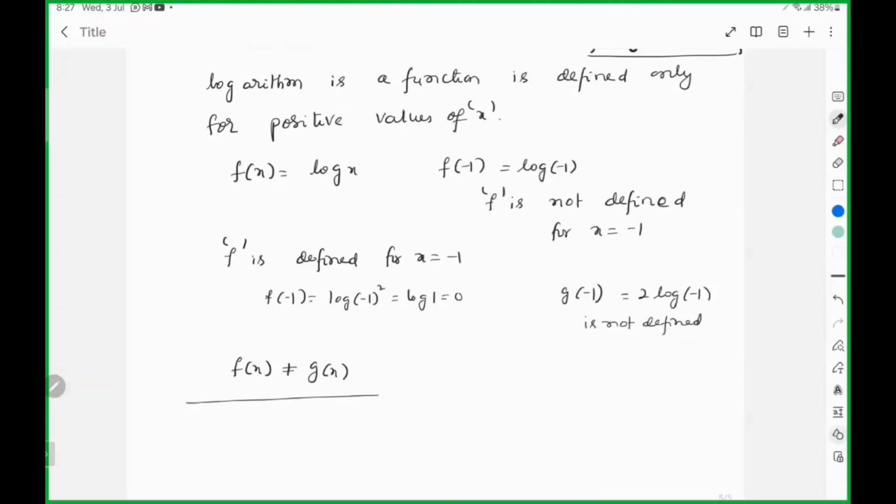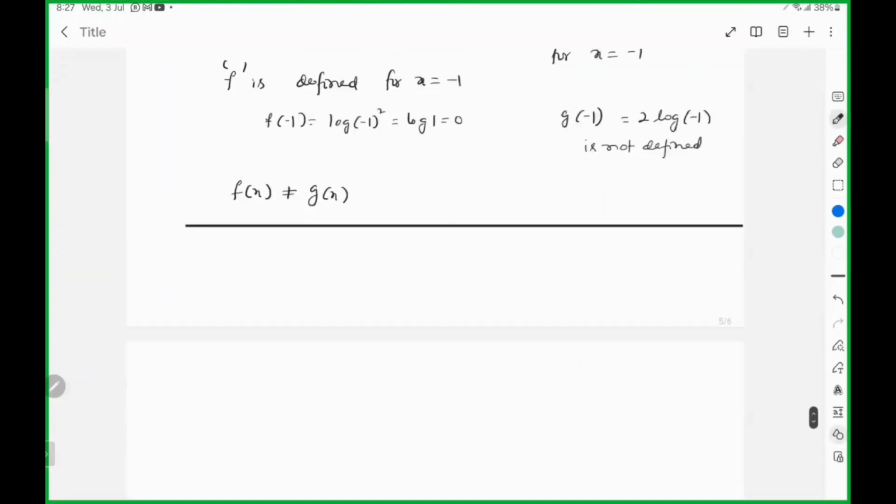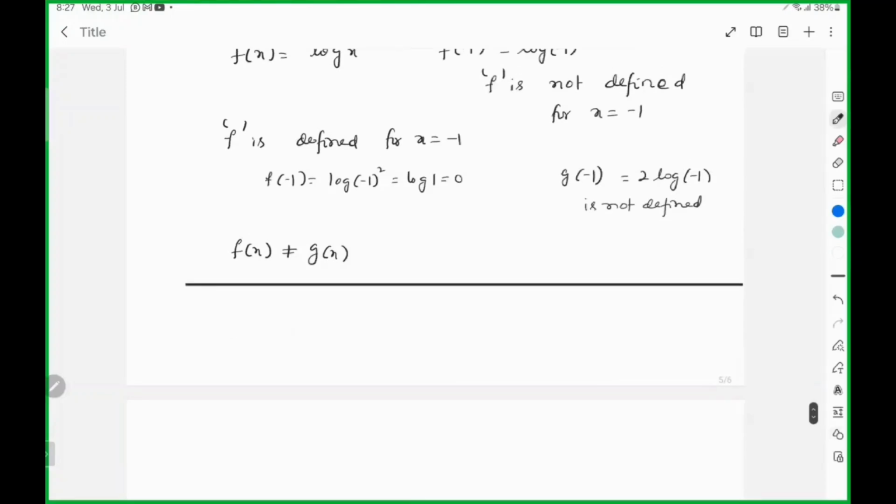Finally, how are equal functions obtained? Suppose I take f(x) as x, f maps from 1 to R. g(x), no problem, in a different manner I am defining, but with the same domain.